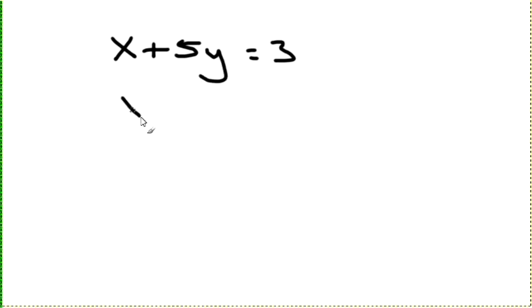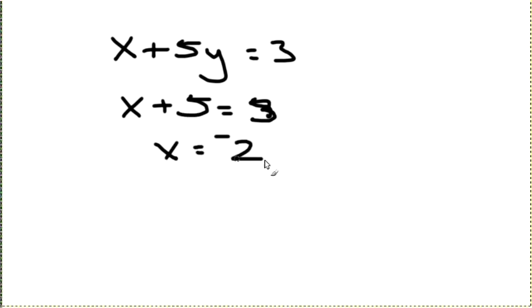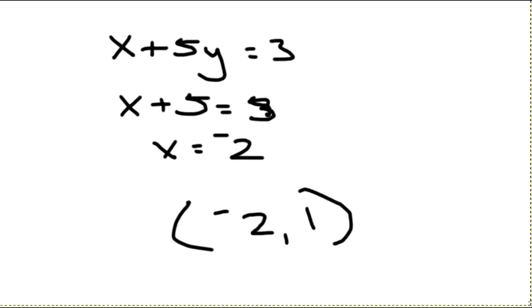So plug in 1 for y. Okay, and then for x, subtract 5 from both sides: negative 2. So our ordered pair is (-2, 1).